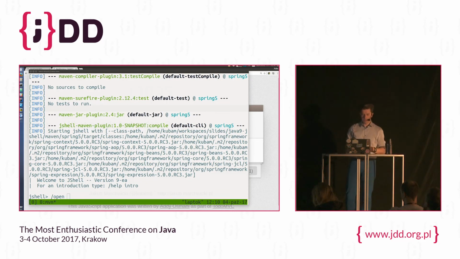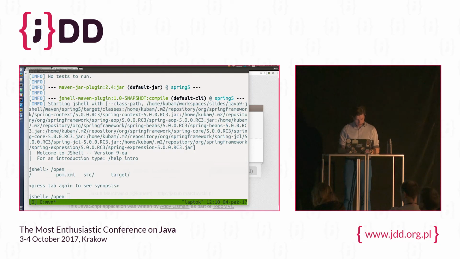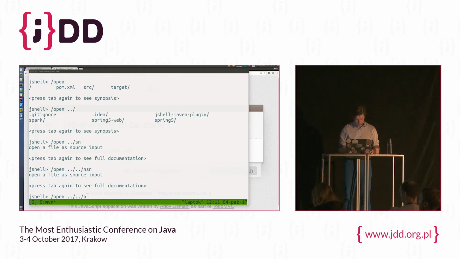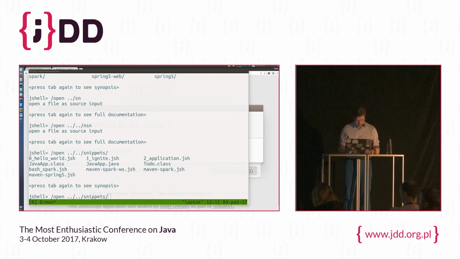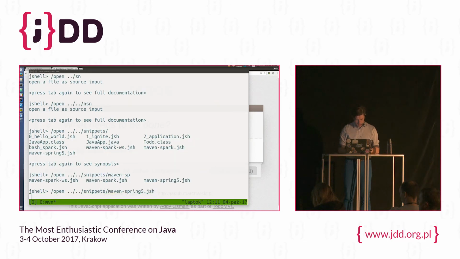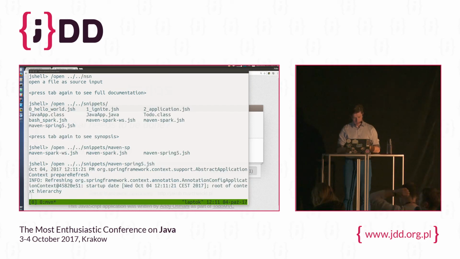That's simply because I started preparing this talk before the official release, and I haven't yet tried whether there was some incompatibility. So I will load the snippet. I should have it, so I can open a snippet, Maven Springs. So now it's reading my file.